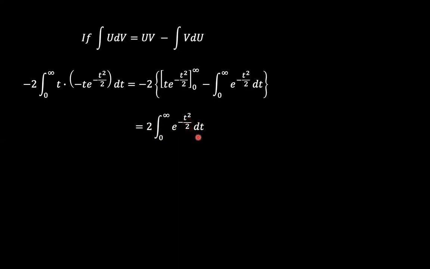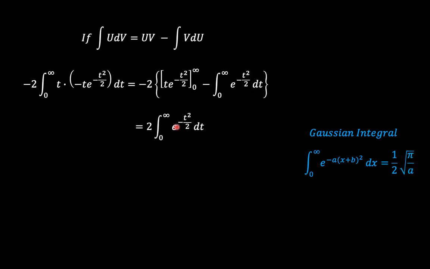Now, this is where we're going to employ the Gaussian integral, the half of the Gaussian integral, where if you have the integral from x equals 0 to infinity of e to the power negative a times (x plus b) squared dx, then that is half of the square root of pi over a.